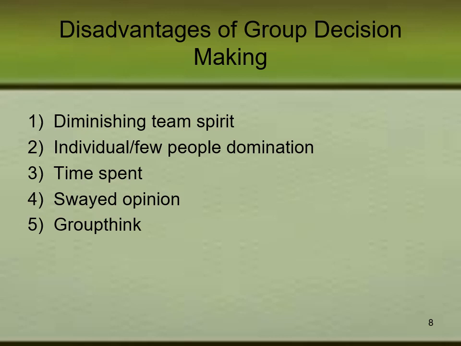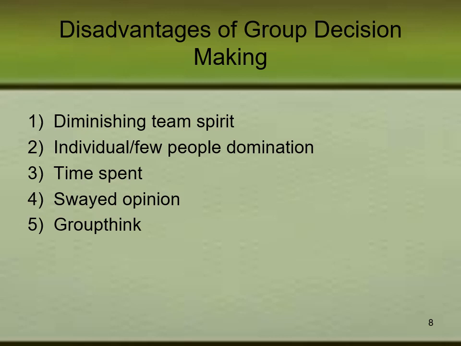That influence is not good for the other group members. It will lead to biased decision making. Mungkin seorang dua group members ni dia favor idea from member number one. So dia akan try influence member number one ni to give idea and to follow the decision made by these two people. So ada influence, ada pengaruh daripada member yang lain. That is an easy way to understand swayed opinion.